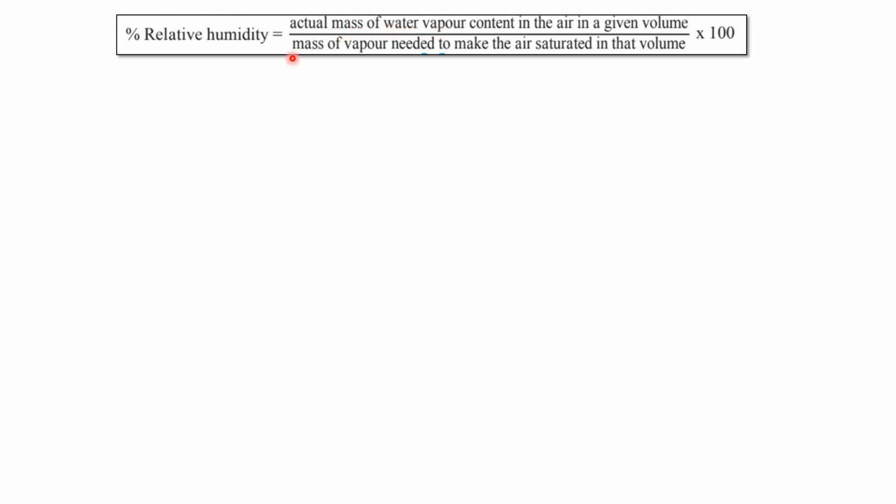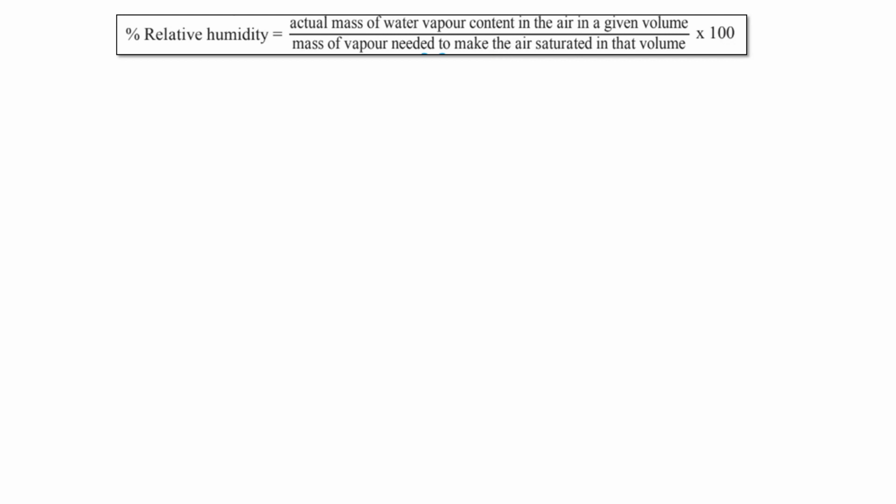Now, what is the mass of vapor needed to make the air saturated in that volume? It is the mass of vapor actually needed to make the air saturated, so that the mass of vapor and the air in that volume become almost equal.